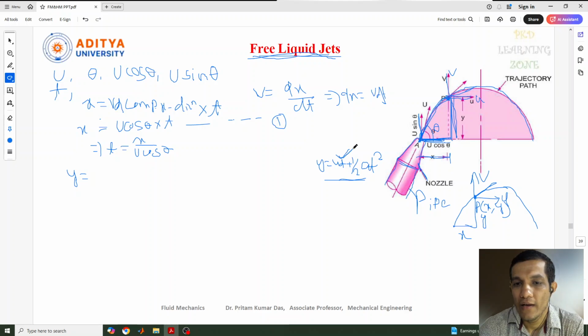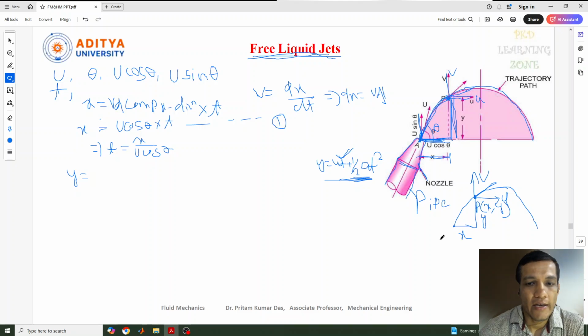Velocity into time is there, and along with that we have half at square, that is the time taken and the acceleration due to gravity. When it is moving in the vertical direction, gravity acts on the fluid and always tries to pull it downward. So that will be considered.